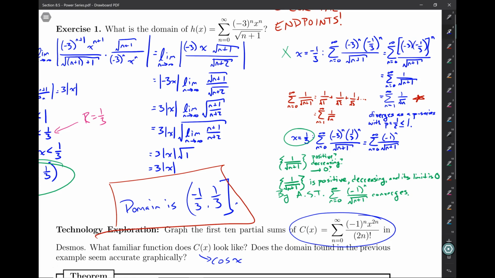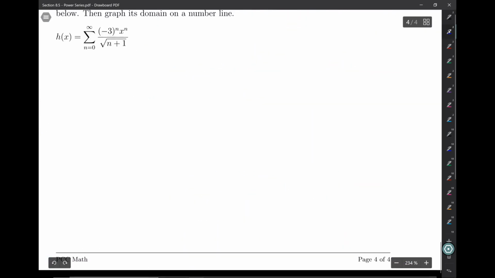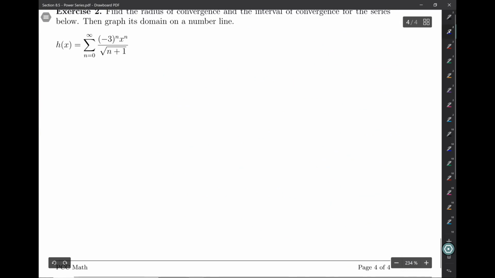In this case, we found that the domain was -1/3 to 1/3, excluding the left side, including the right side, and the domain is already the same as our interval. The interval of convergence was -1/3 to 1/3. We excluded the left side. We included the right side.